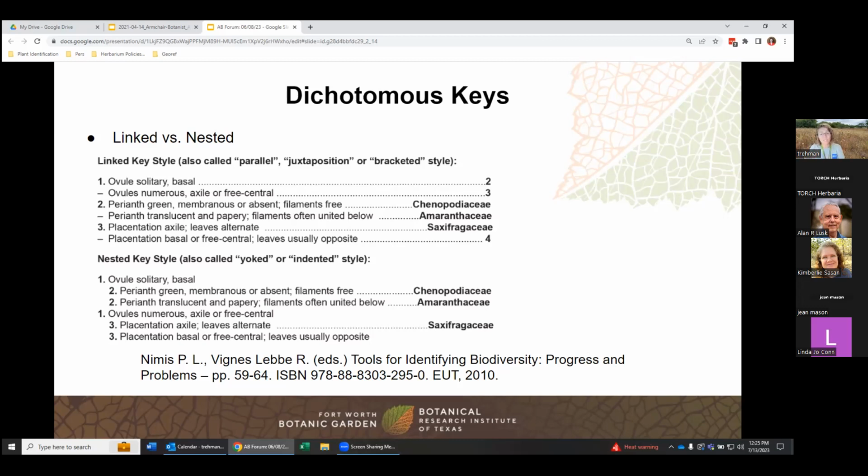Okay, so dichotomous keys. Two types of dichotomous keys: the linked versus the nested. And the difference that you'll see in these is in your couplets. Remember, a dichotomous key is basically two contrasting statements, and you have to make a choice between the two.